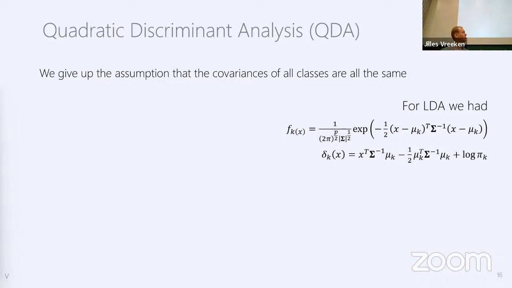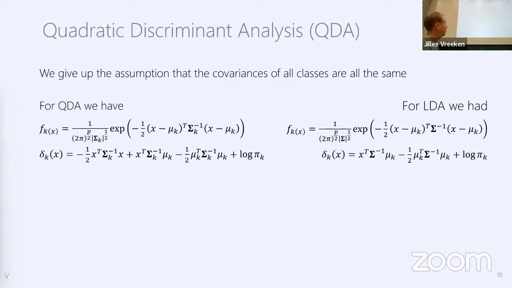If we now let go of having one covariance matrix over all classes that is the same, then we have what we call QDA, or quadratic discriminant analysis. What are the main differences? Let me help you there. Now I gray out those parts that are completely the same for both.